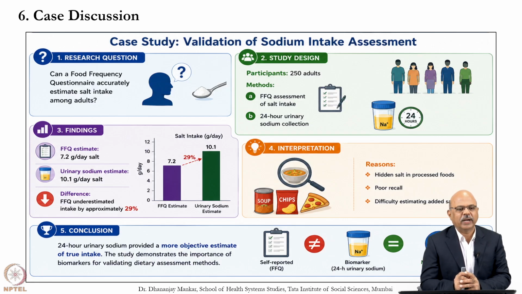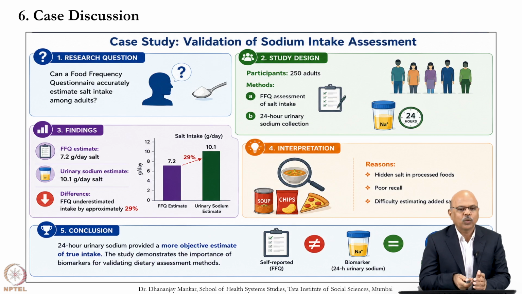The finding shows that the FFQ estimated 7.2 grams per day of salt, versus the urinary sodium estimate, which showed 10.1 grams per day of salt. What is the difference? The FFQ underestimated intake by approximately 29%.